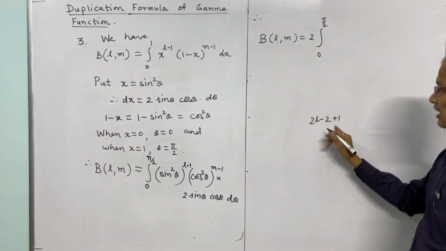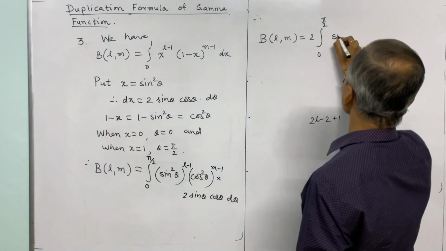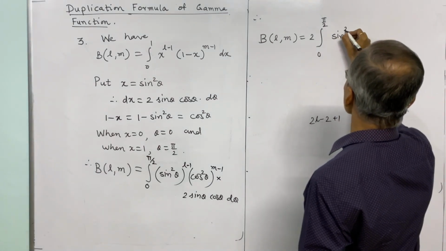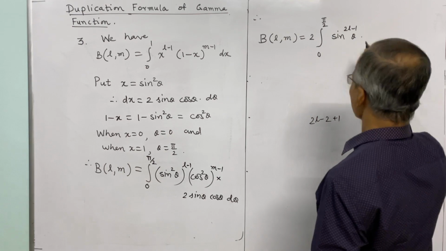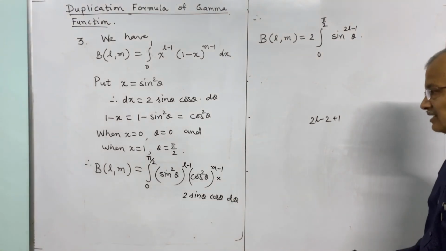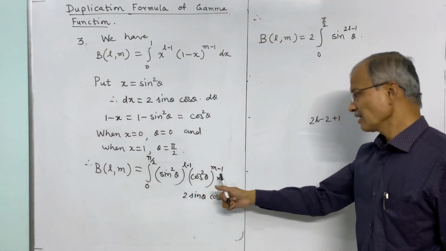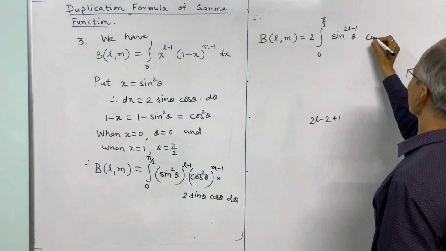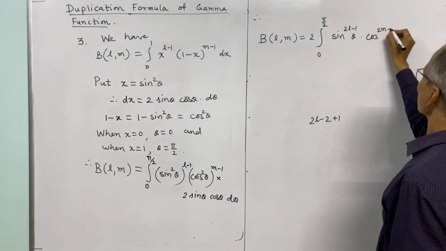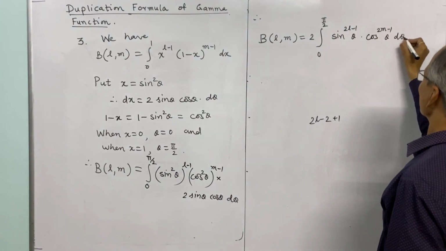So it is 2L minus 1, sine theta to the power 2L minus 1. And check similarly, the power of cos will be cos theta raised to 2M minus 1 d theta.